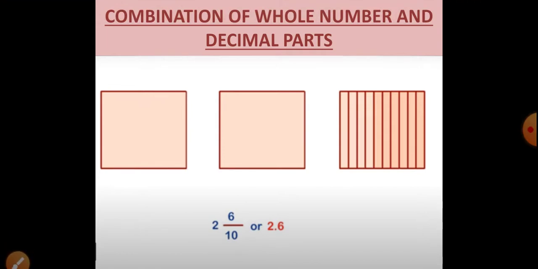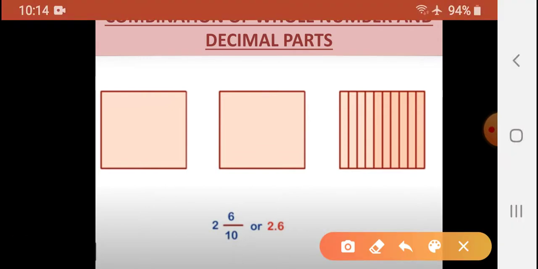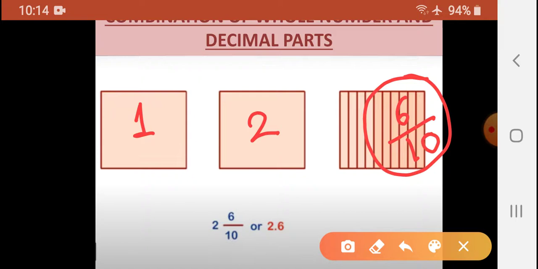Decimals are basically the combination of a whole number and decimal parts. Here two figures are shaded completely: figure number 1 and figure number 2. And 6 out of 10 equal parts of the third figure are shaded.